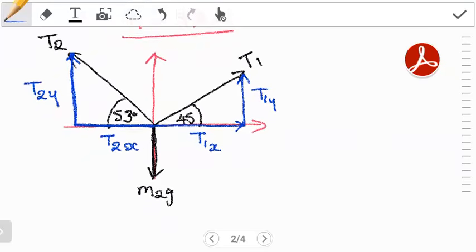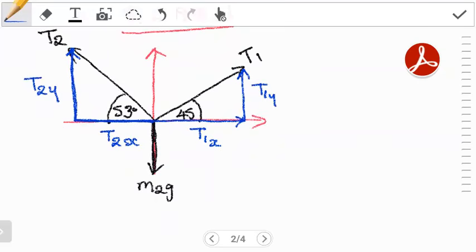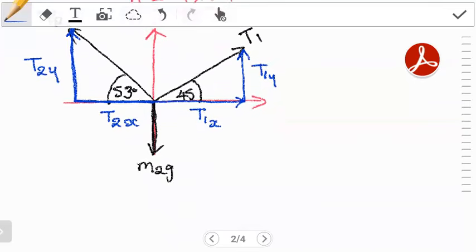Now, the easiest one to work out here, if you look at the way it is, the x-axis looks like the easiest one to work out, because along the x-axis we know how to find T1x. And the only thing that we want to know here is how to get T2x.